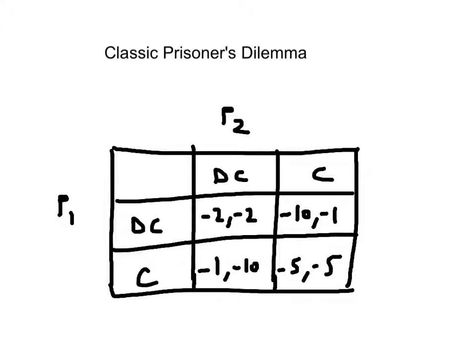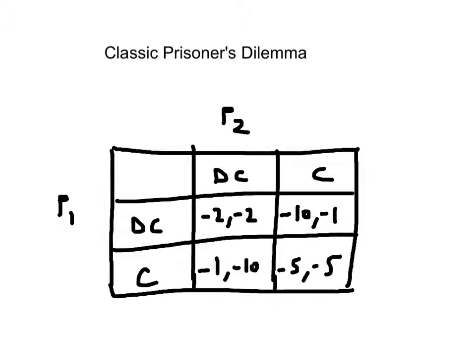Now this is the classic version of the prisoner's dilemma from our textbook, Mas-Colell, Whinston, and Green, on page 237. You can see that the strategy to not confess is strictly dominated for each player, because -2 is worse than -1, and -10 is worse than -5.